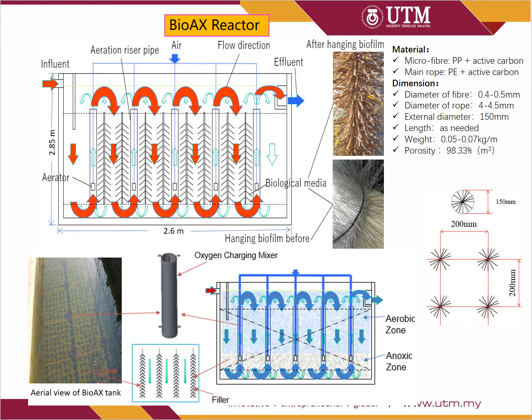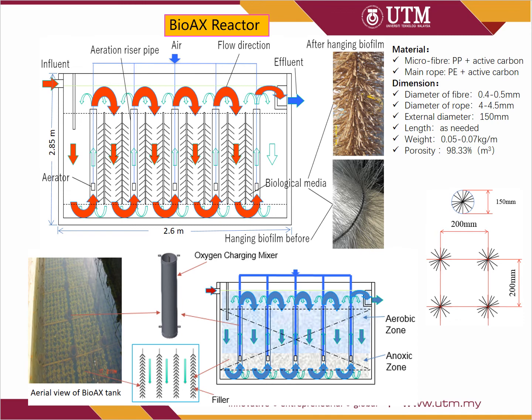So this is how the BioX reactor looks. It uses a kind of brush, like a milk water brush, installed in a series, where the water flows vigorously through the series of chambers.